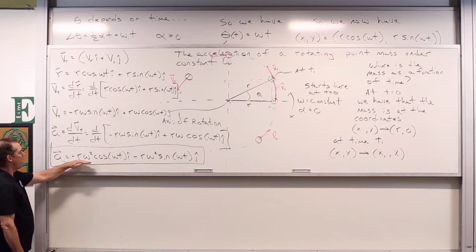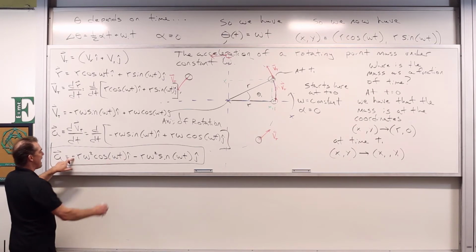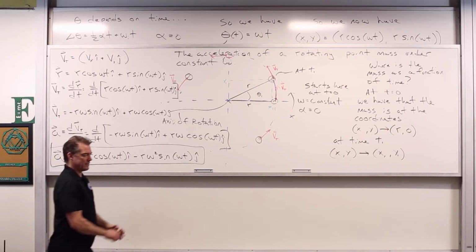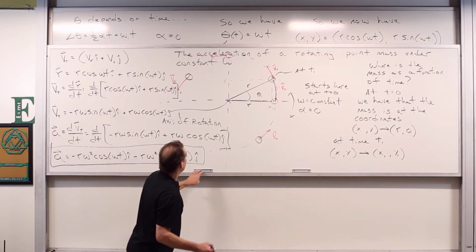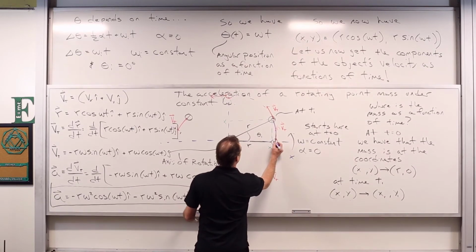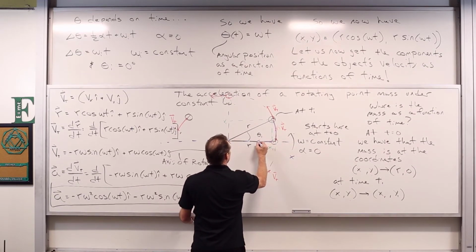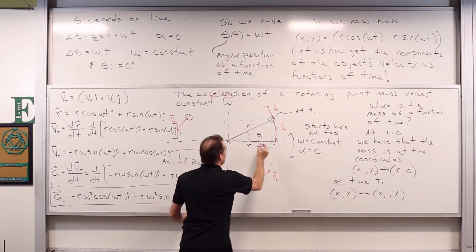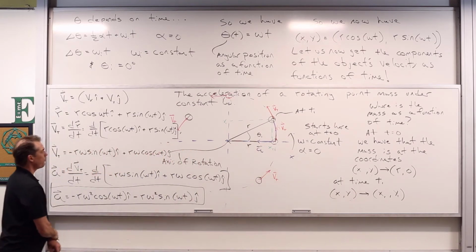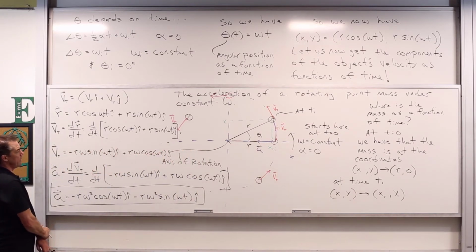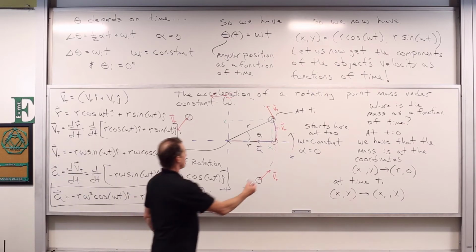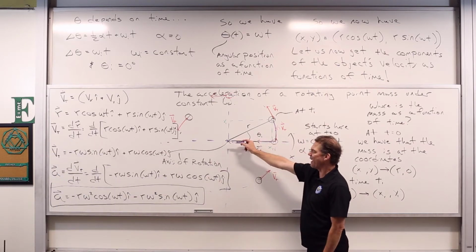So it has a magnitude of r omega squared and is in the negative i hat direction. What does that look like? That looks like an acceleration like that. There's our a hat.